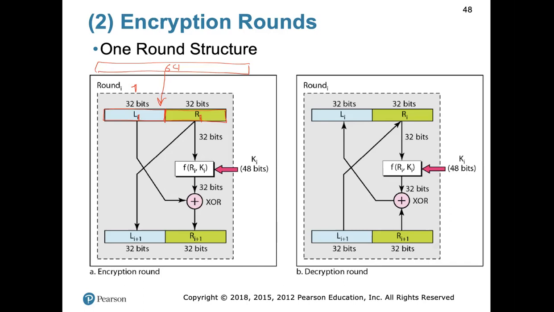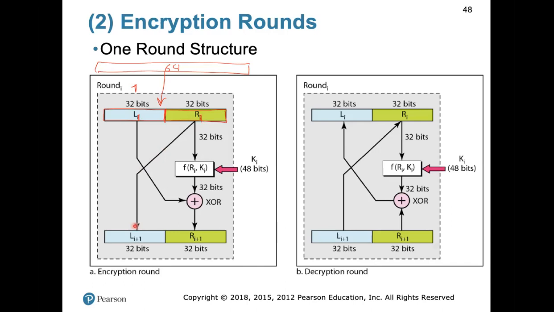If you look, this architecture basically shows what is going to be done. The right side, R1, is going to be applied directly without any change. It goes to the next round.